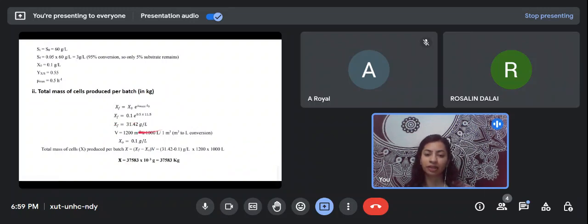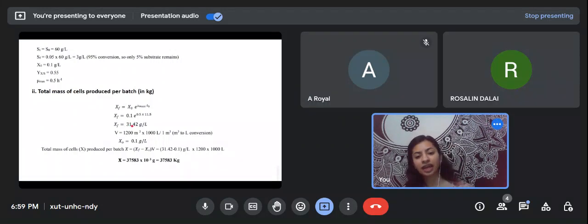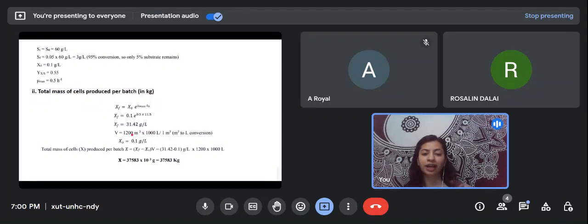Okay, so now that you found the per liter value of the biomass, you can multiply it by the volume of the bioreactor, right? So, since xf is given in a unit of L. Like I told you last time also, you have to make sure that there's a continuum in units, right? And the volume of the bioreactor has been given to you in meter cube.